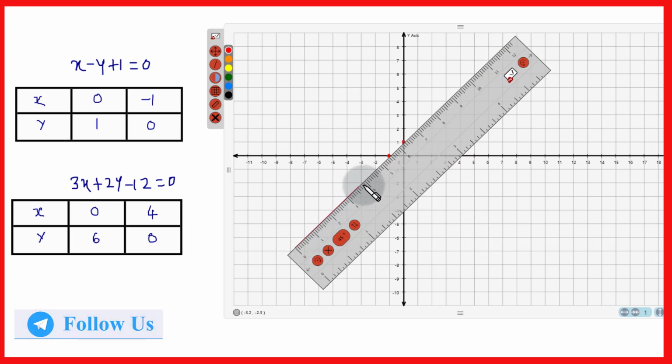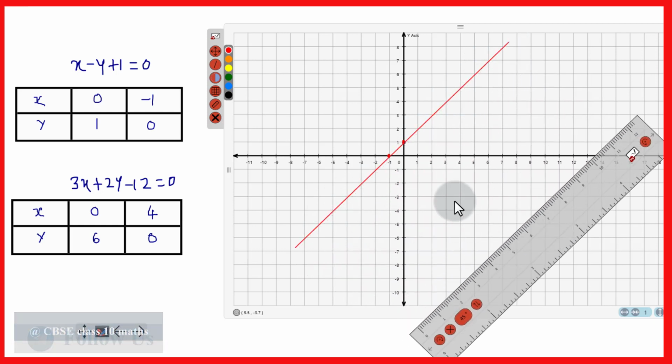I draw this again because there was some problem, and so here I have drawn a line passing through these 2 points.